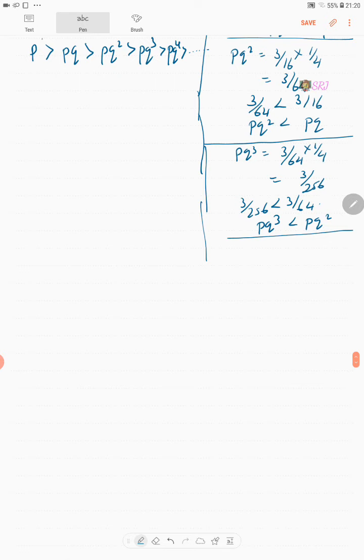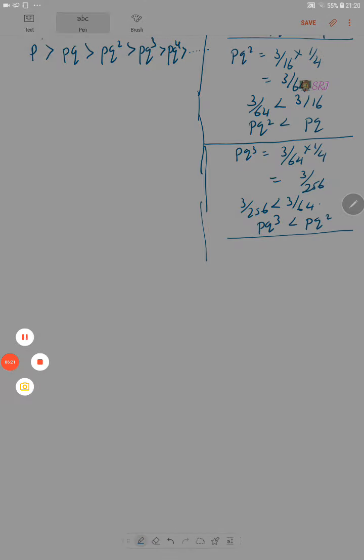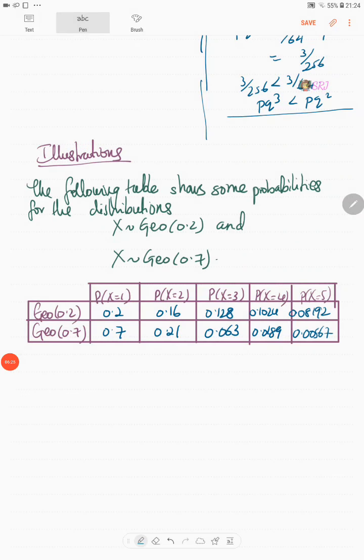Now we'll illustrate some more examples. The following table shows some probabilities for two geometric distributions. First of all, we have X follows a geometric distribution with parameter P equal to 0.2, and the second one is X follows a geometric distribution with parameter P is equal to 0.7.